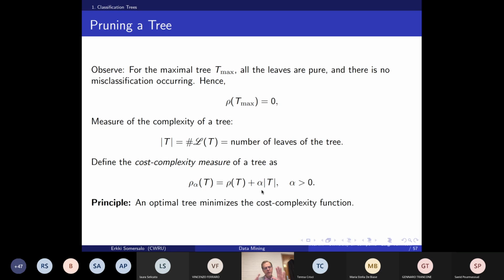And so this gives you the discrete values of alpha that you can then use to choose your classifier tree as you wish.